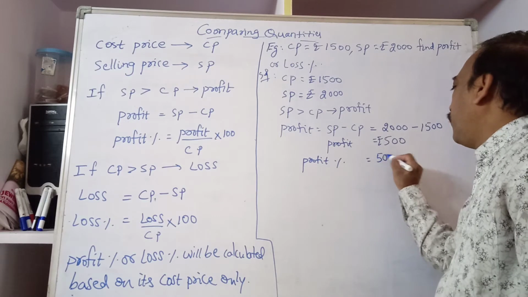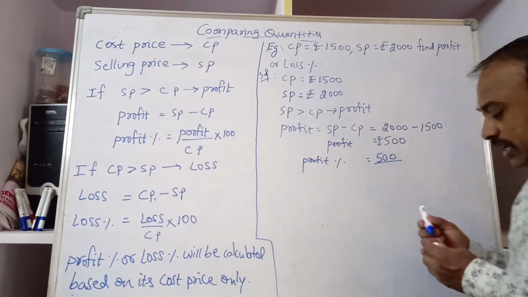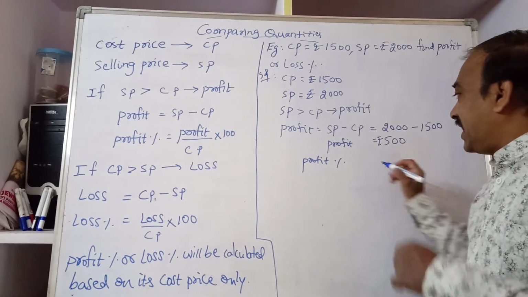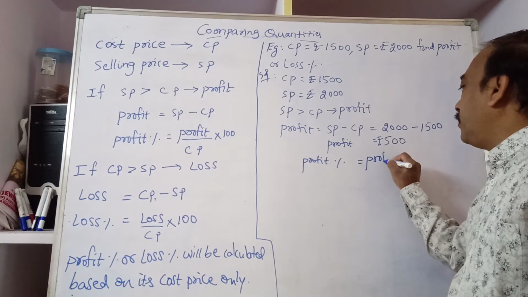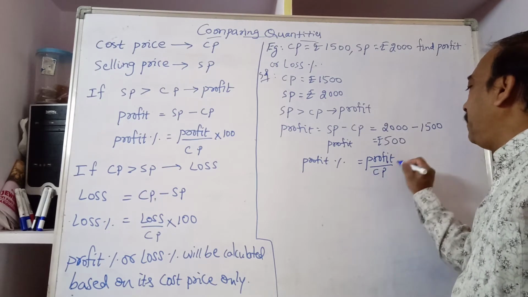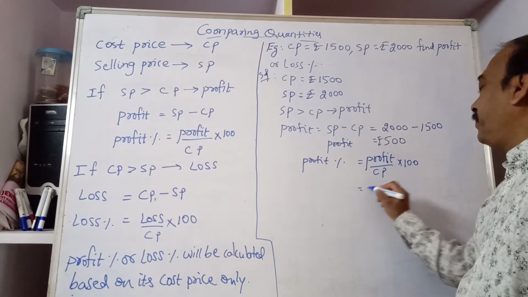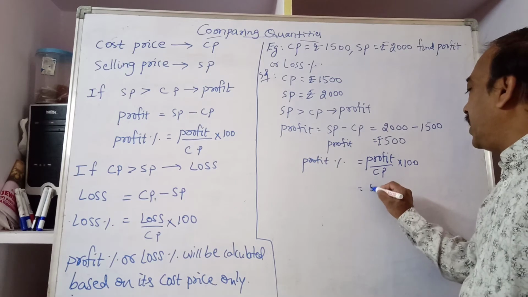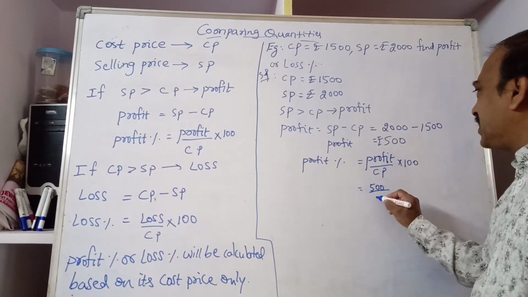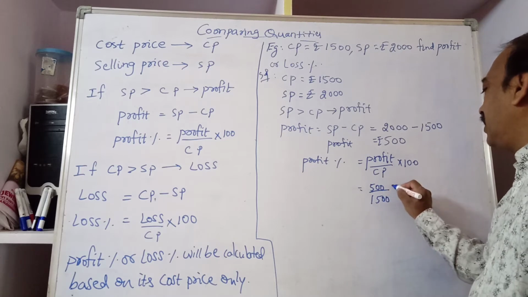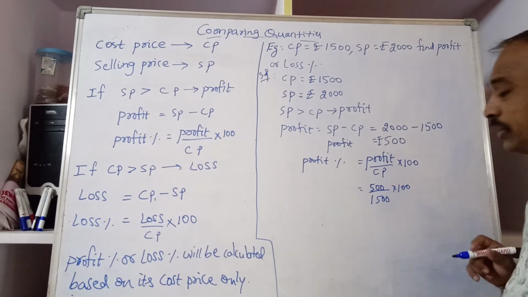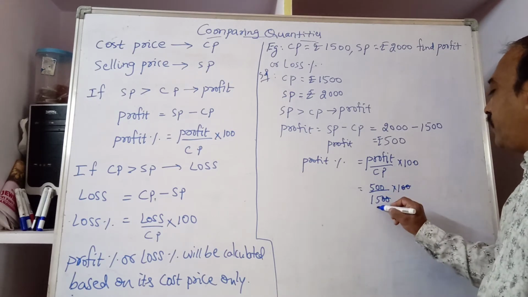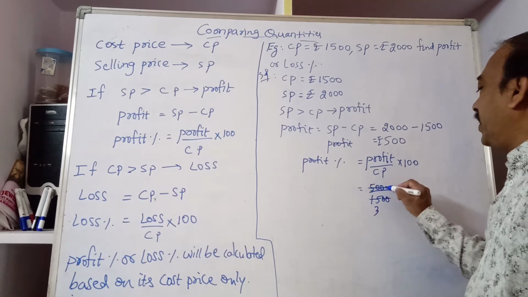Now profit percent is equal to 500 by, what is actually the formula for profit percent? Profit percent is equal to, every time you write the formula, profit by CP into 100. So profit is 500 by CP is 1500 into 100. So two zeros cancel. 5 threes are 15, 5 hundreds.